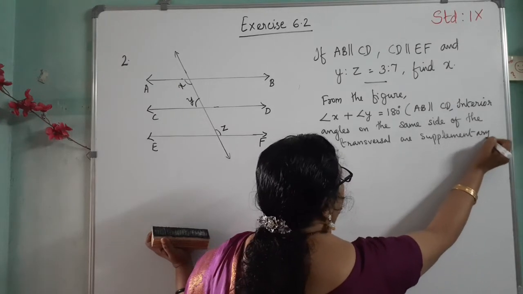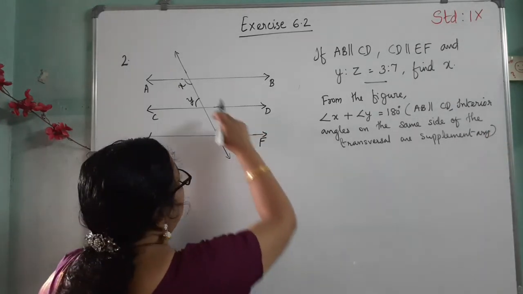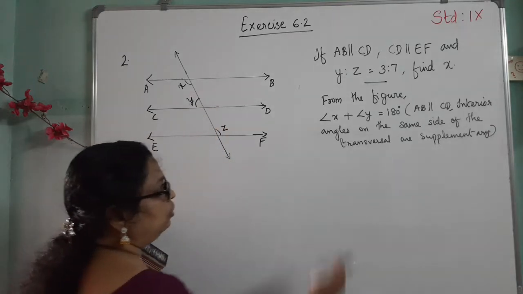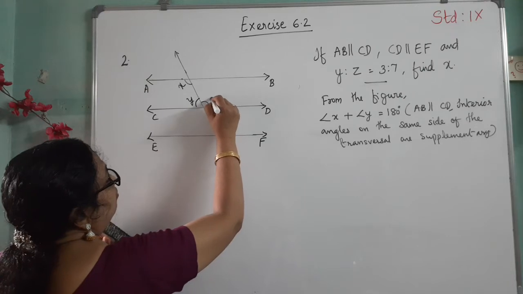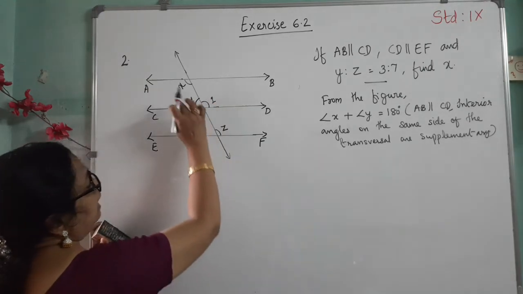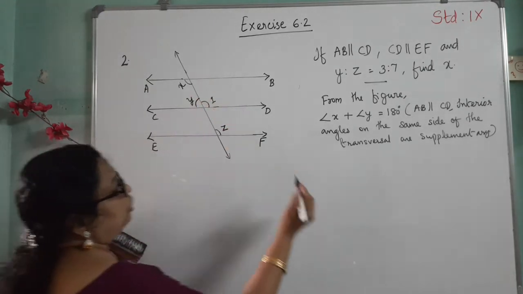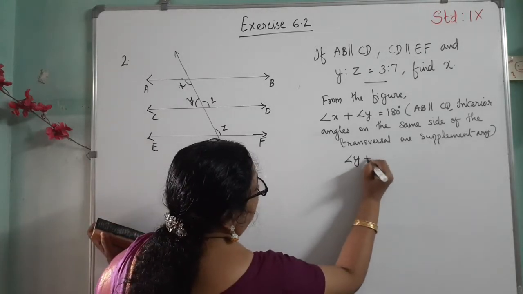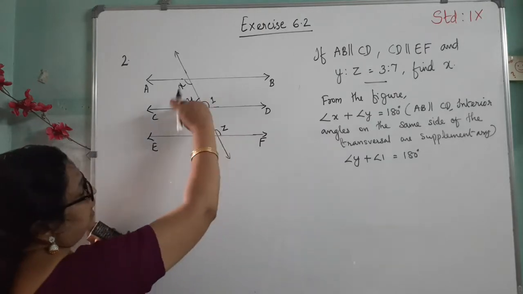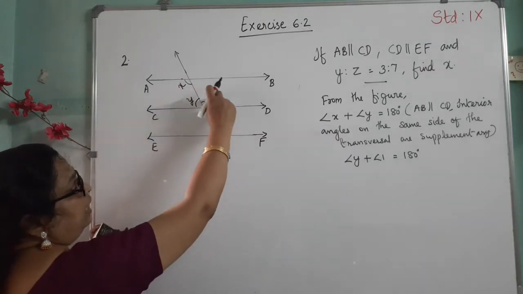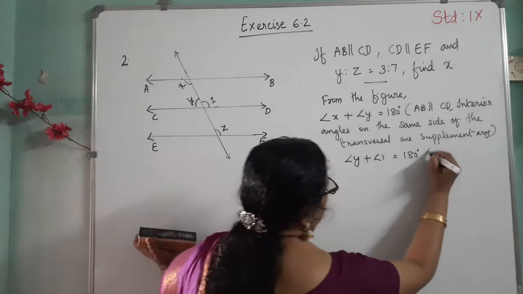Angles on the same side of the transversal are supplementary. So we can write angle x plus angle y equal to 180 degree. Then suppose this angle, let it be 1. So we can write angle y plus angle 1 equal to 180 degree. That is, there forms a linear pair. This angle y and this angle 1 form a linear pair.